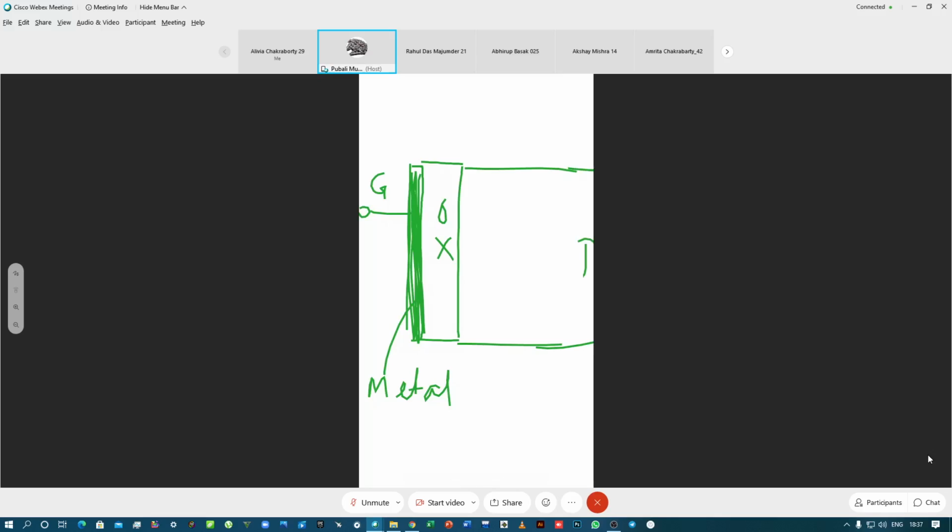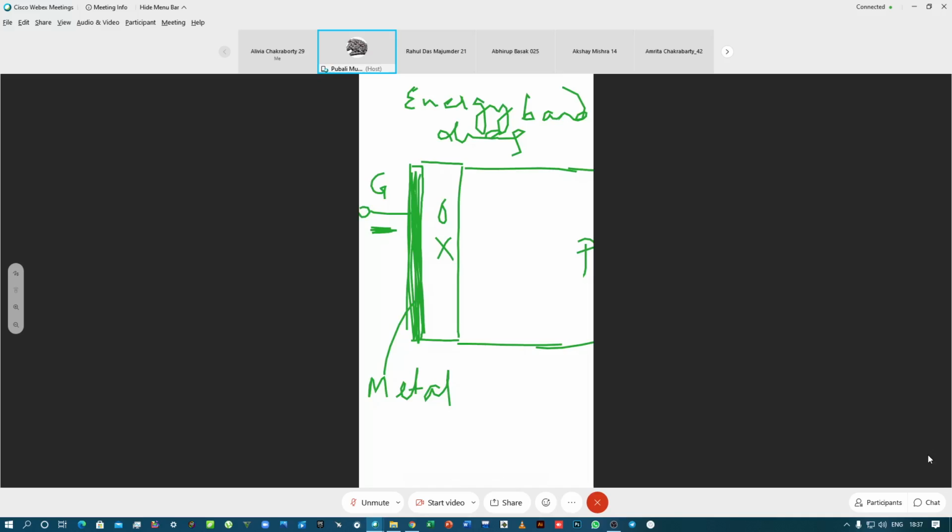So we are trying to draw the energy band diagram for a MOS capacitor with a p substrate when a negative potential is given to the gate.